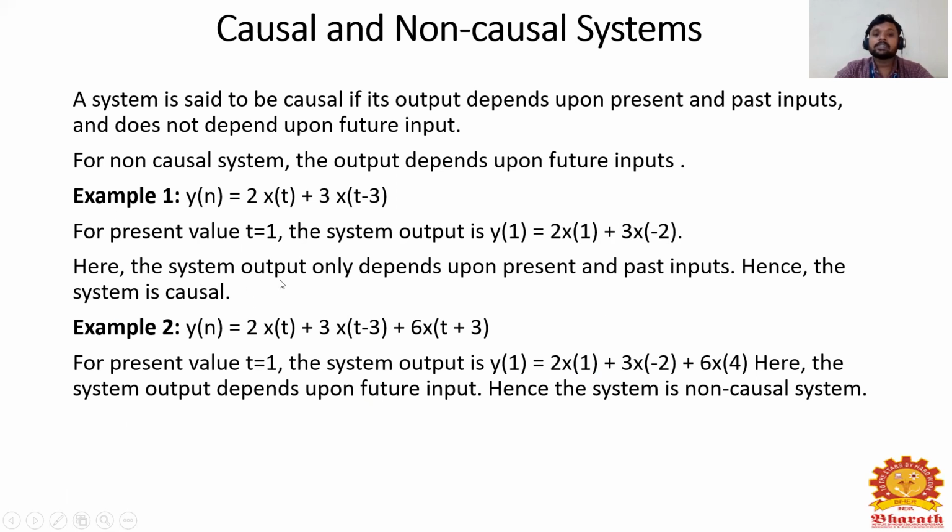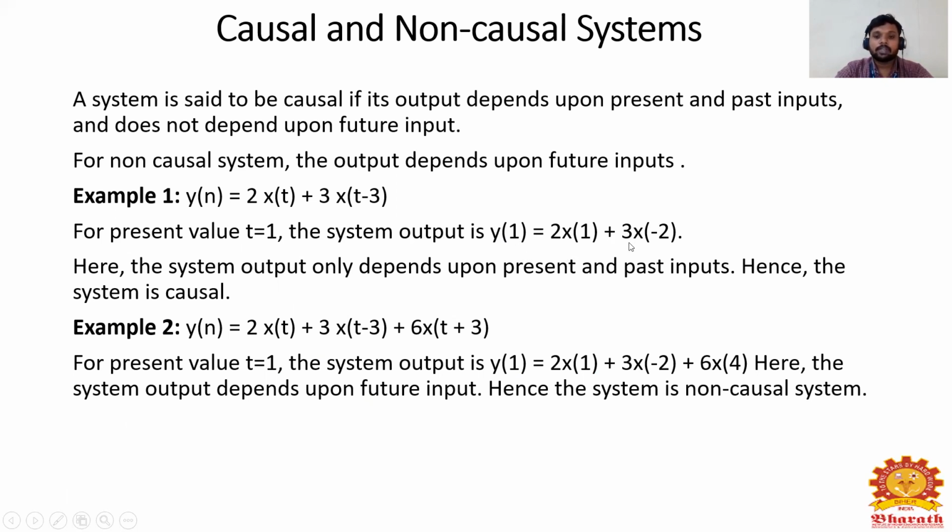Here, the system's output only depends upon the present and past input. Why does the output only depend upon the present and past? Because for the given present value I have given t is equal to 1. So 1 is the present value.